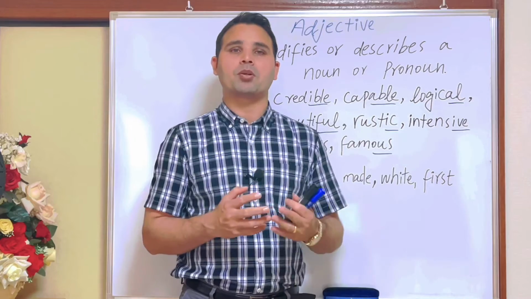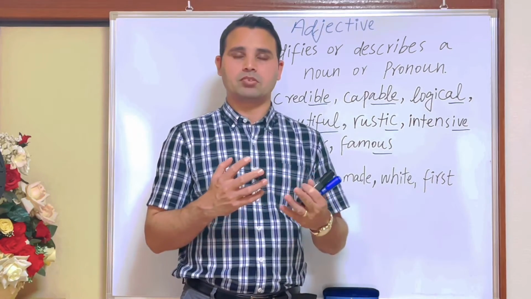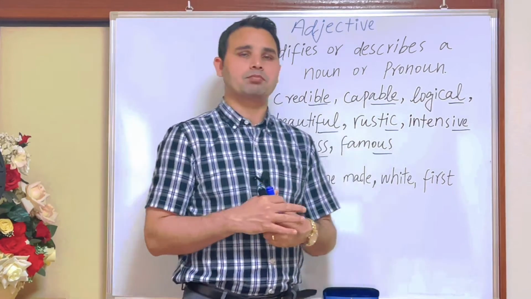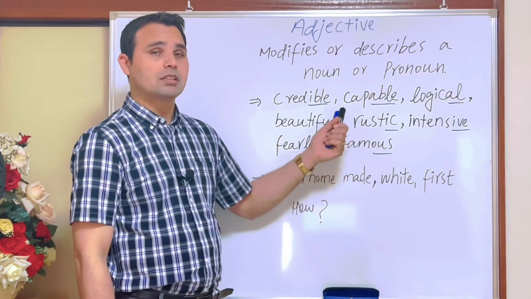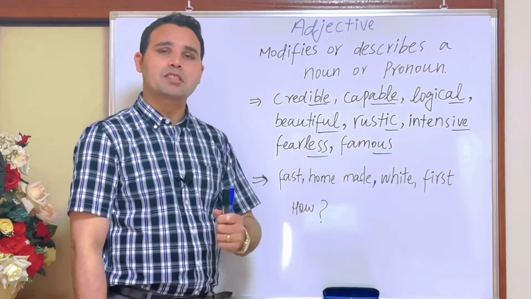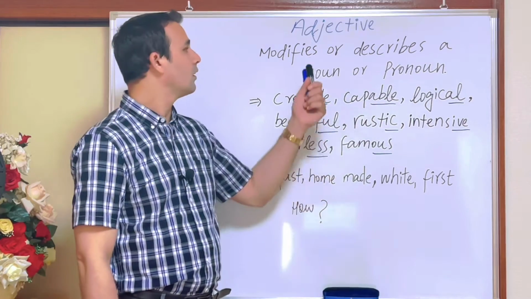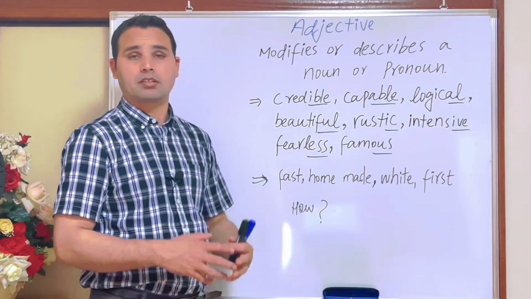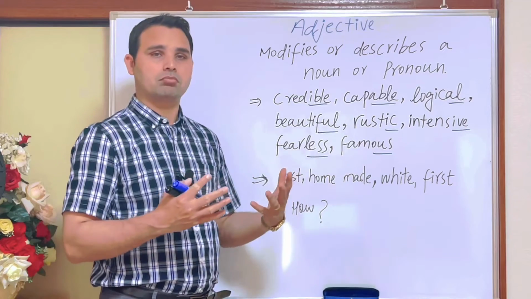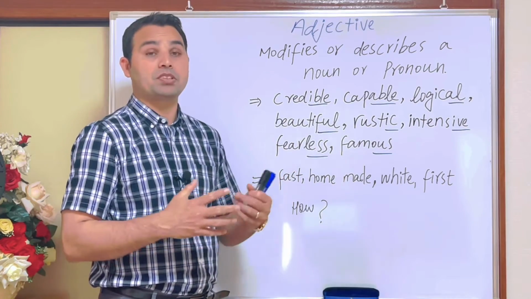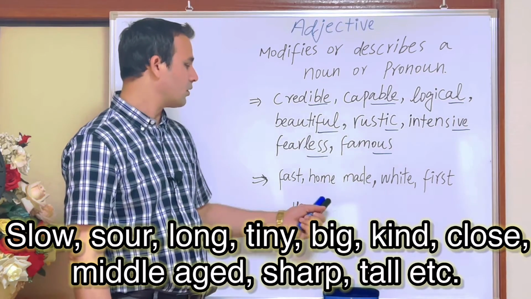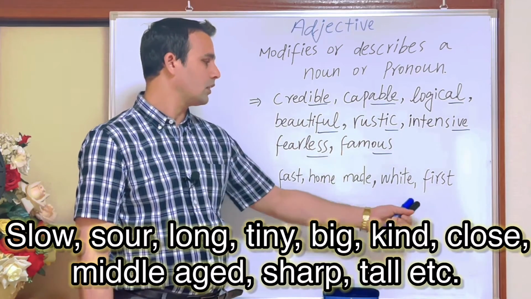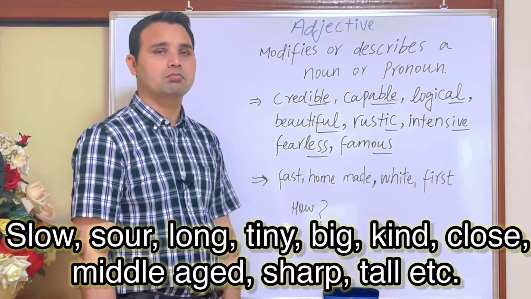So sometimes when you are reading a book, you will see some of these words. If they are ending in these endings, you must understand that it is an adjective. But there are also some adjectives which have no specific endings, like fast, homemade, white, first, or whatever.